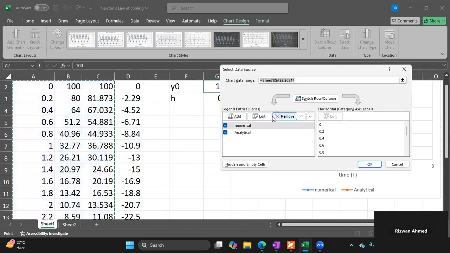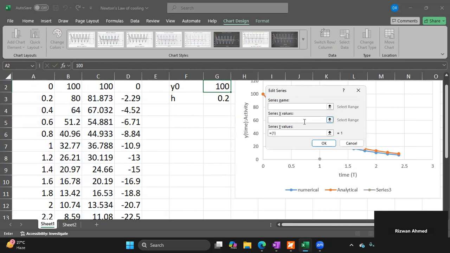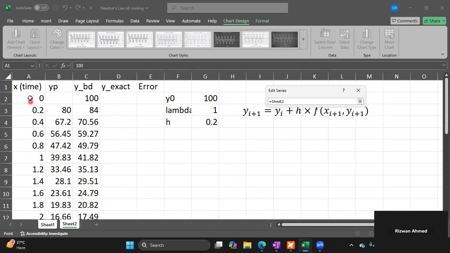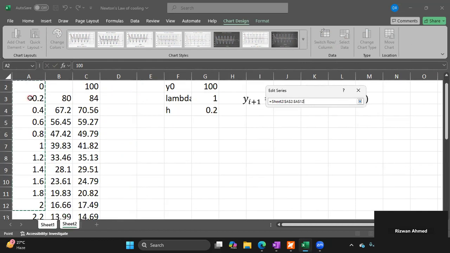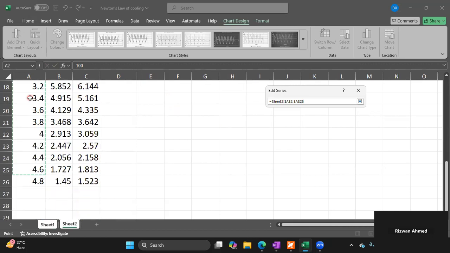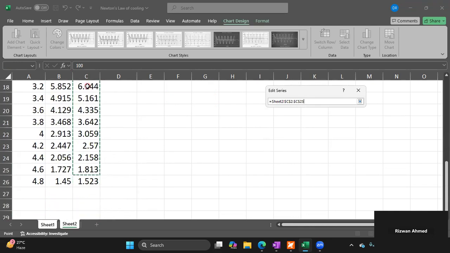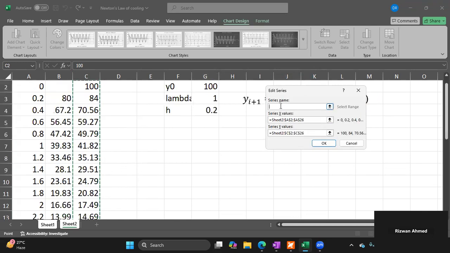So add X values for the same time step, and Y values from the Euler's backward method expression, calculations based on Euler's backward method. And I will give it a name: these are the computations based on Euler's backward difference method.